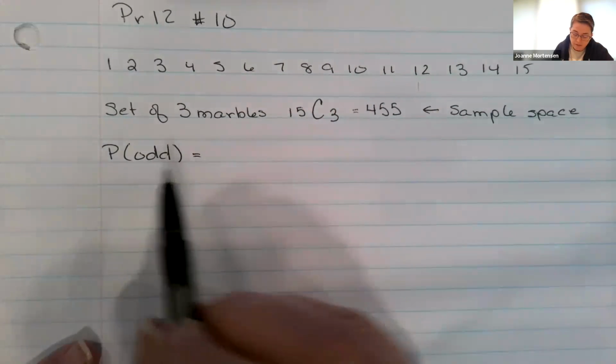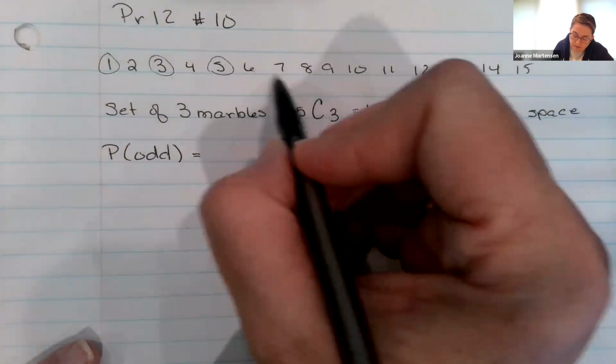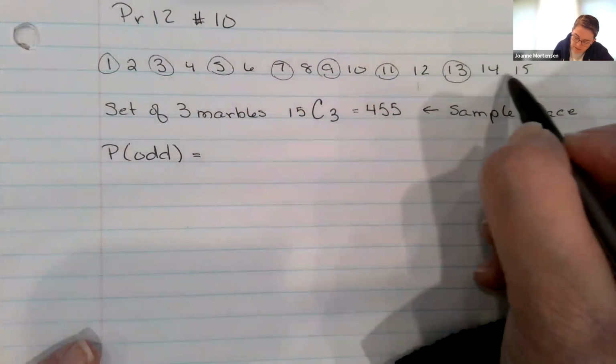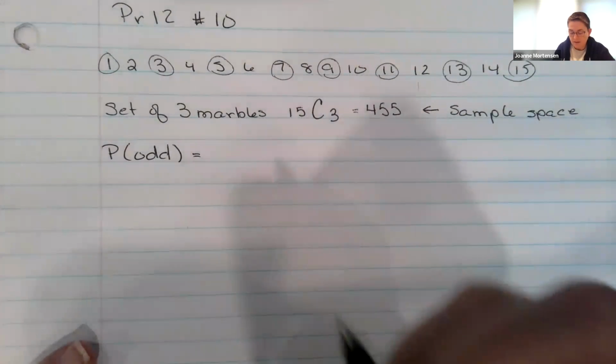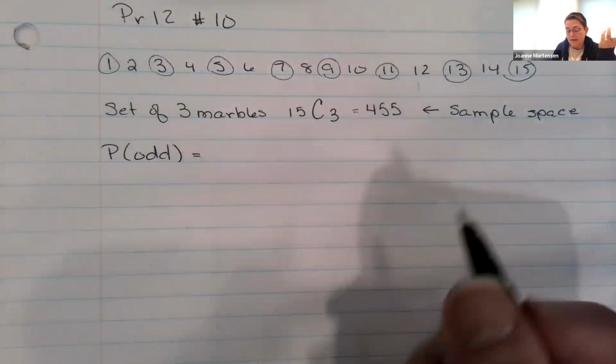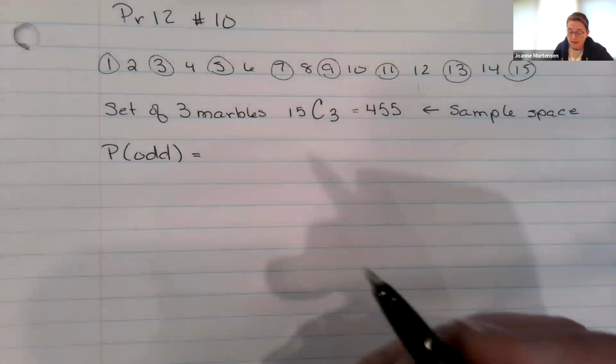All right, so odd numbers: 1, 2, 3, 4, 5, 6, 7, 8. I want to say 8 out of 455, but this is why this is a tricky question.